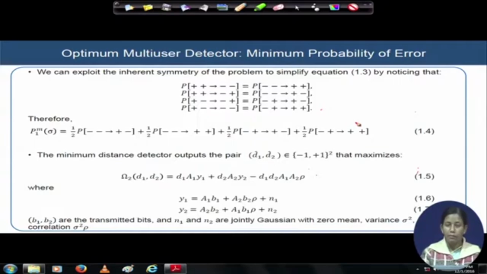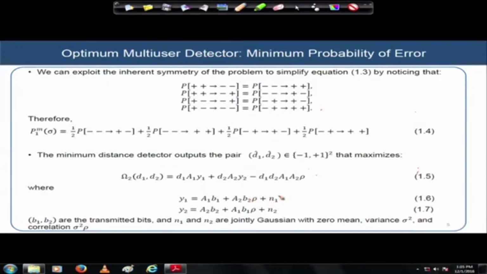This minimum distance detector finally gives you the estimated detected pair that belongs to minus 1 and plus 1, and that maximizes that big omega function once again, given D1 and D2 and the transmitted pair, by this expression. Here y1 is fundamentally a1 b1 plus a2 b2 multiplied with the cross correlation factor, and the noise embedded in it.